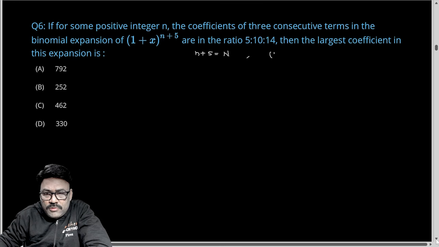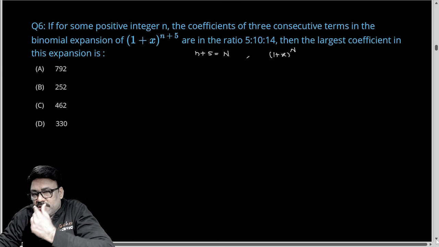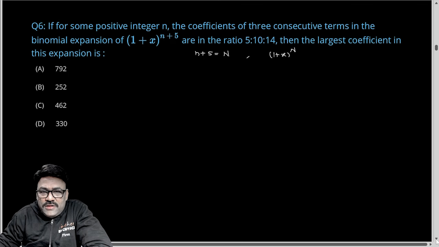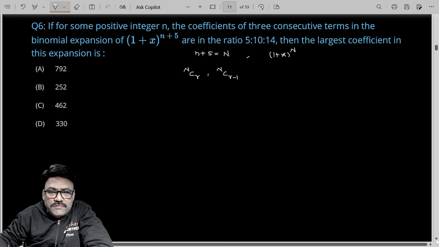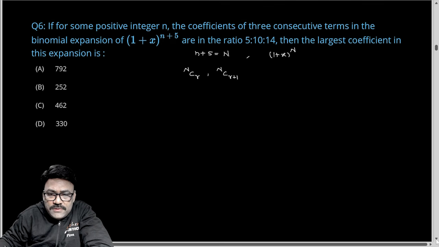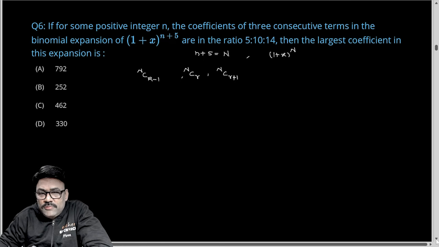So now you can say that your binomial expansion is 1 plus x raised to N. This is your binomial expansion. And they are saying that the coefficients of 3 consecutive terms are in the ratio 5 is to 10 is to 14. So suppose 3 consecutive binomial coefficients are NCr minus 1, NCr and NCr plus 1.